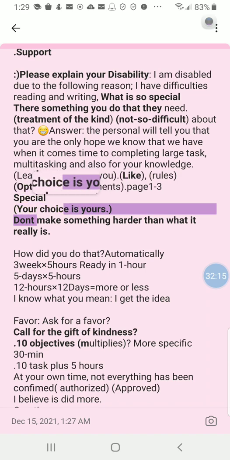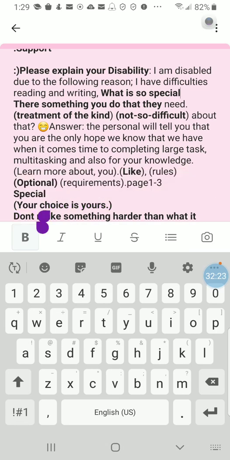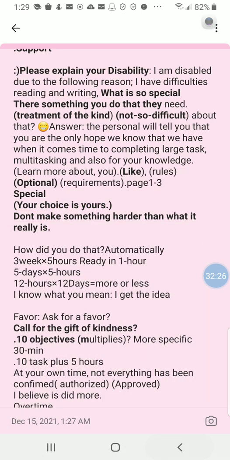If you say the choice is yours, then maybe that gives that person the ability to still work, do the work, right? But you still have options instead of requirements.